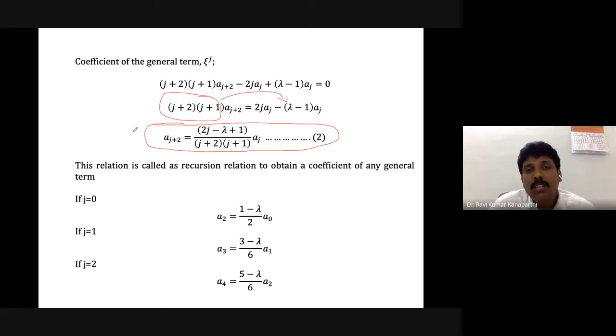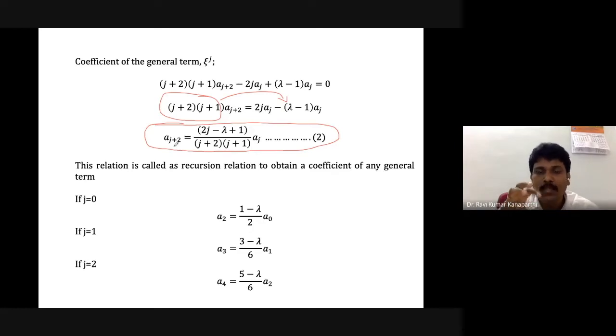Why? Because if I know what a_j is, then it is possible for me to calculate a_{j+2}. So a_{j+2} is expressed in terms of a_j. If you know a_j, then the coefficient a_{j+2} can be calculated.